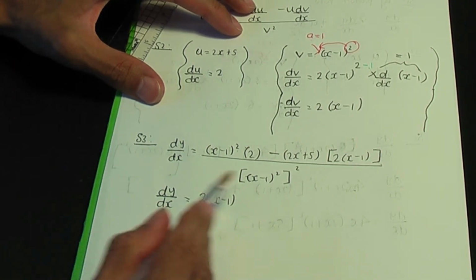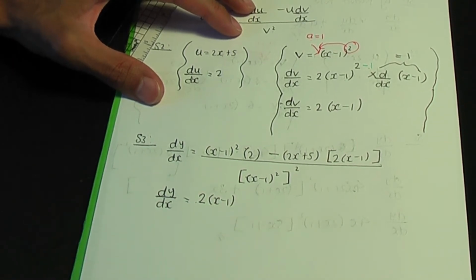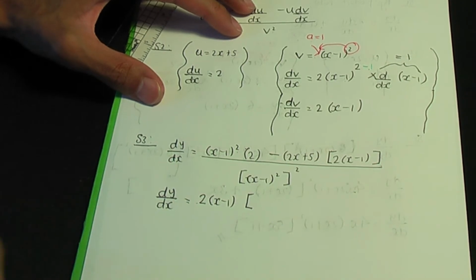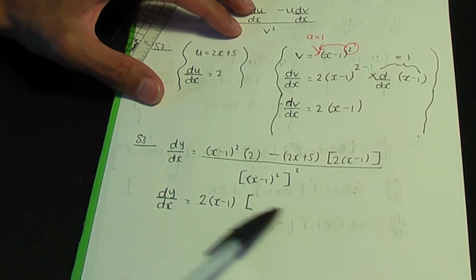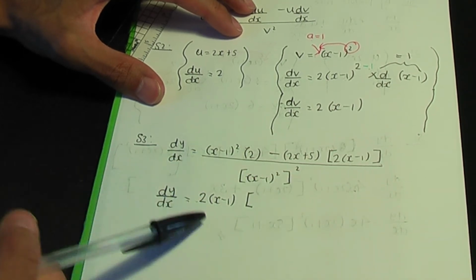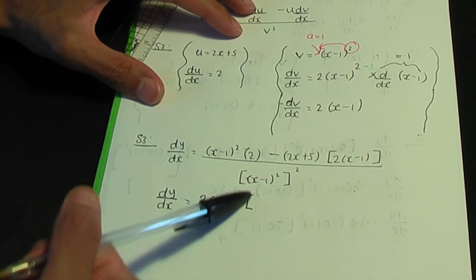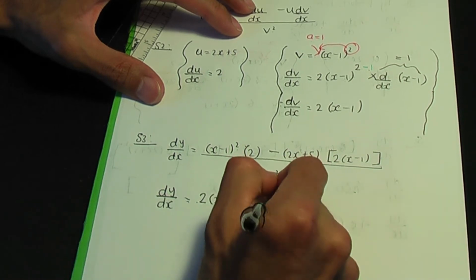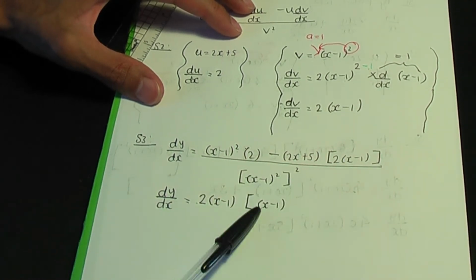So my overall common factor is 2 into x minus 1. Now be careful what remains. So in this bracket here, x minus 1 squared, and I've taken out a common factor of x minus 1 from here. So I've got x minus 1 in this bracket here.